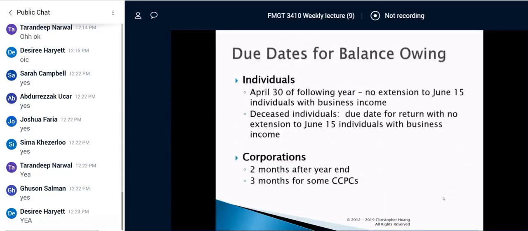Due dates. Again, we said April 30th is the due date for individuals. If you have a balance owing, here's a key thing. If you are a business, say you're self-employed and you have business income, even though you have a later filing deadline, your final tax bill is still owed April 30th.